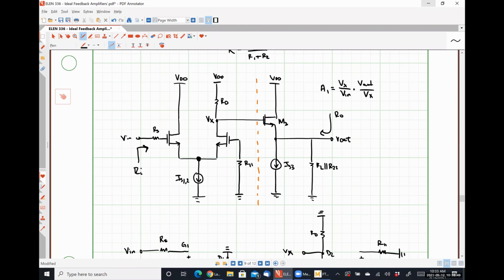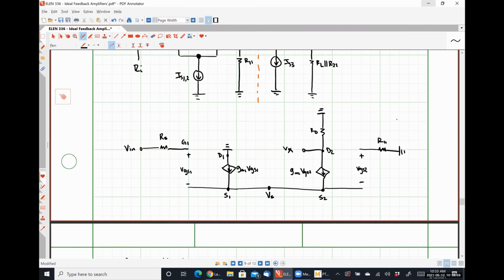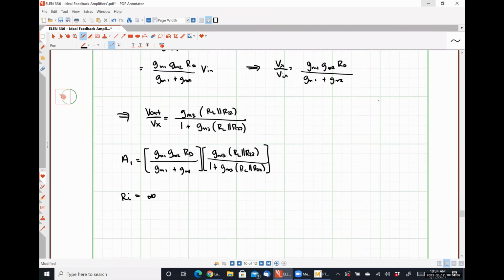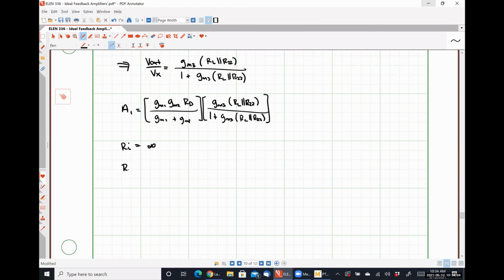That is correct. So we're going to see RL in parallel with R22 when we look down. We're going to see 1 over GM3 when we look up. So R naught is 1 over GM3 in parallel with RL in parallel with R22. And then from here, we have all of the different parameters that we would need to construct our closed loop gain, our closed loop input resistance, and our closed loop output resistance.